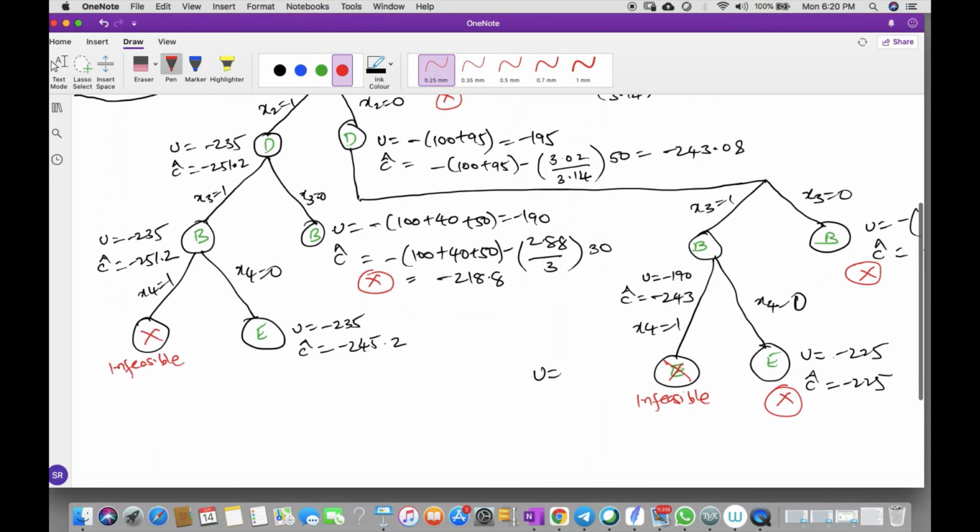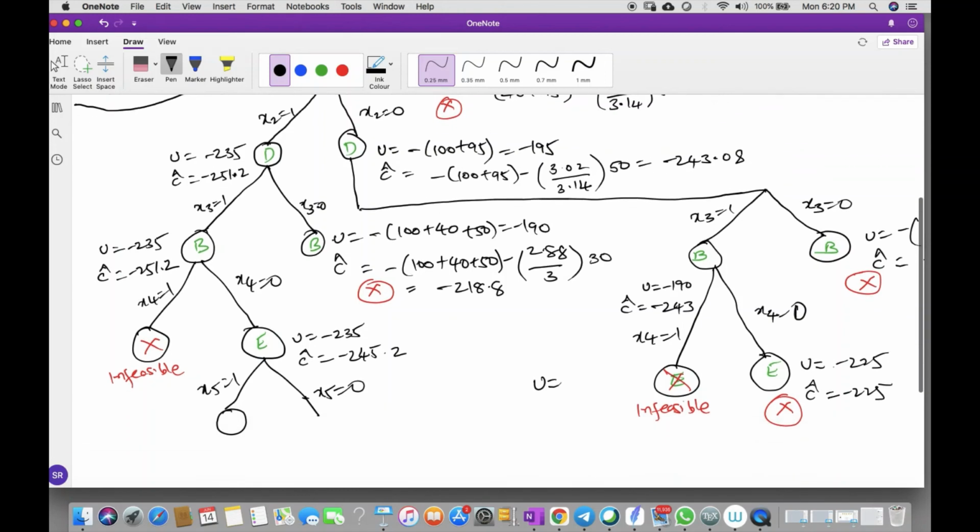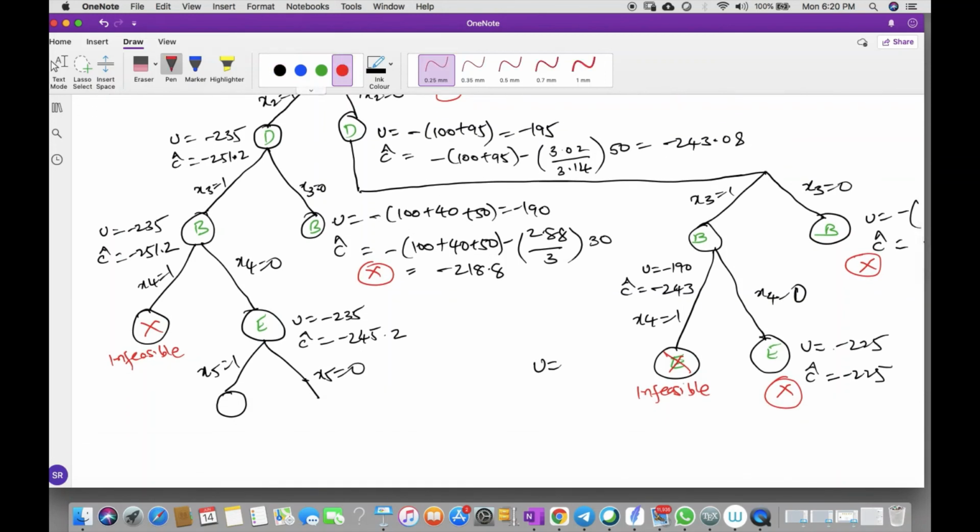We are left with only this particular node. If we expand this once again, it leads to x5 is equal to 1 and x5 is equal to 0. When x5 is equal to 1, it becomes infeasible. Why? Because x1, x2, x3, all three are 1 and x5 is also 1. The total sum of the weights crosses the 10 value.